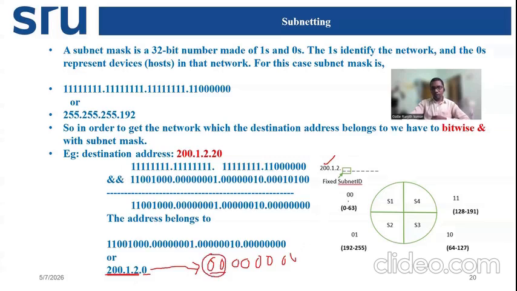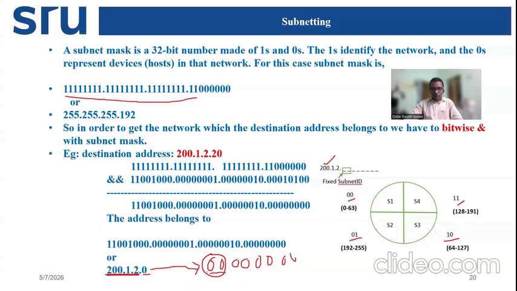Look at this here: this is 00, here 01, here 10, here 11. As far as this example is concerned, the first 26 bits represent the network address. The first 24 bits are the network address of the whole network, and the next 2 bits represent the subnet address.